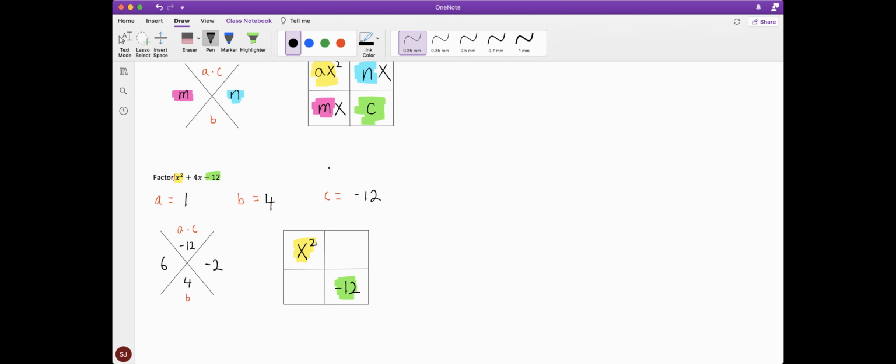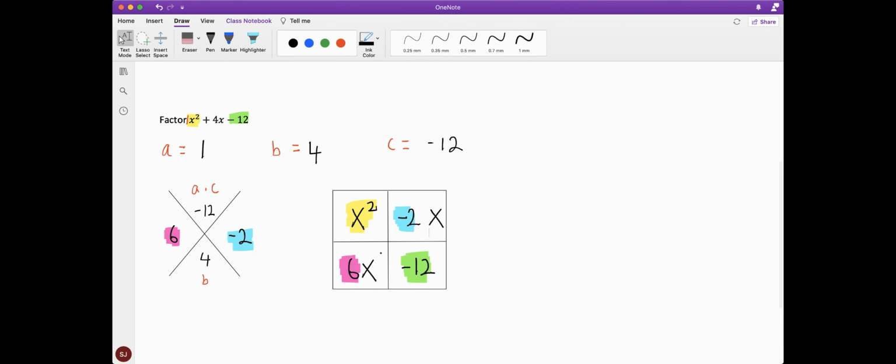And then on the sides, you take the numbers that you came up with in the diamond problem. So that goes here. That's 6. And don't forget to add the variable x next to it. And the very last box, you take the other number, which is negative 2, and you add the variable x to it. All right, so now we filled out the box.